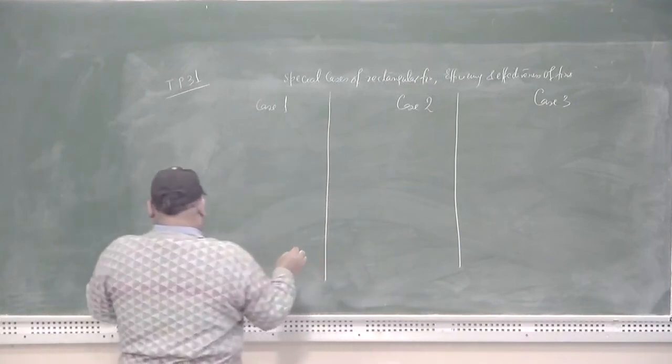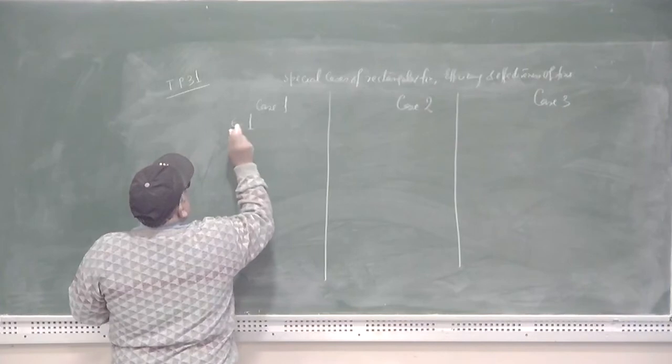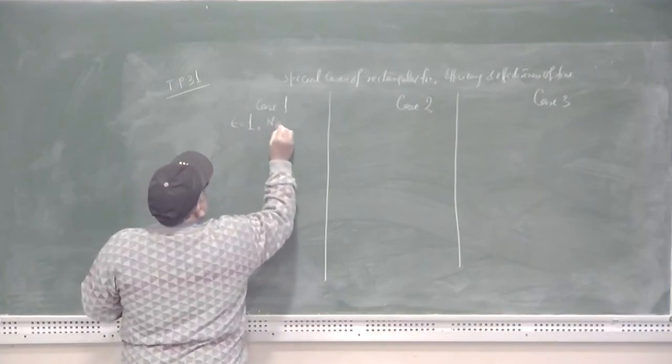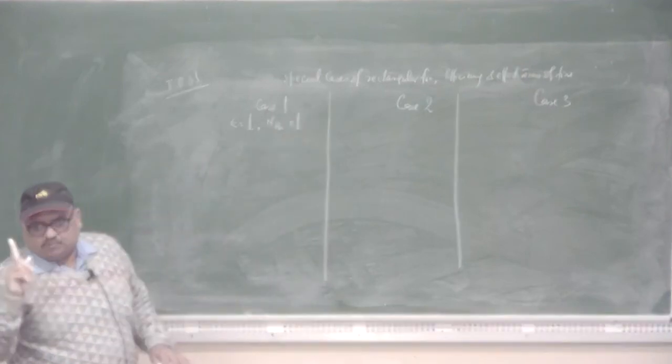Case 1 is epsilon equal to 1, that is the fin effectiveness is equal to 1, and Biot number equal to 1, that is h delta by k equal to 1.